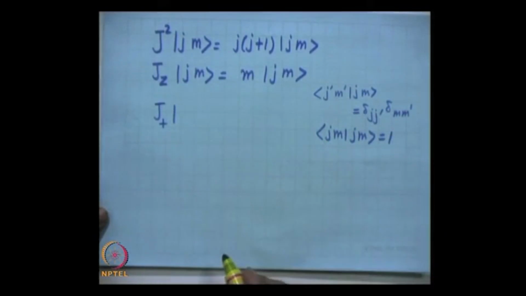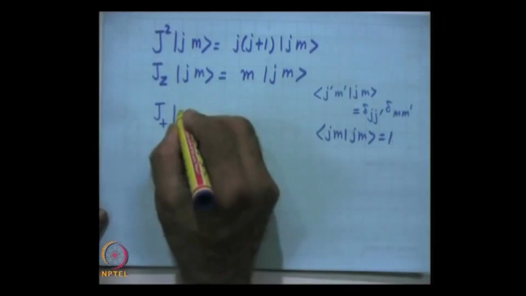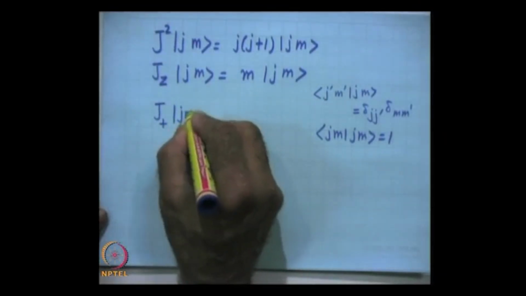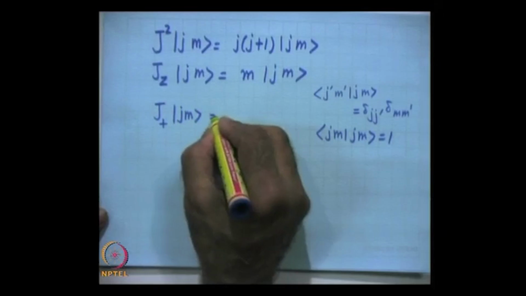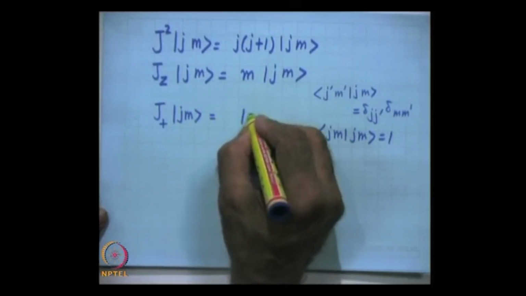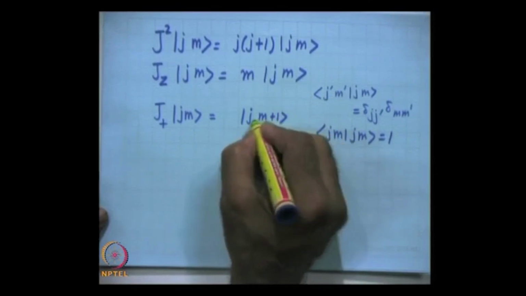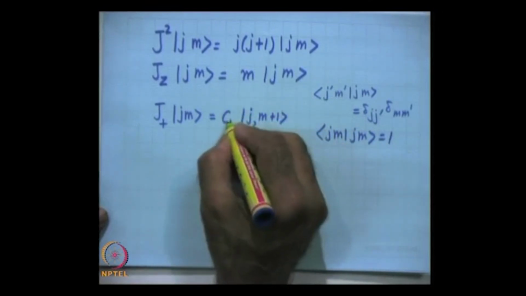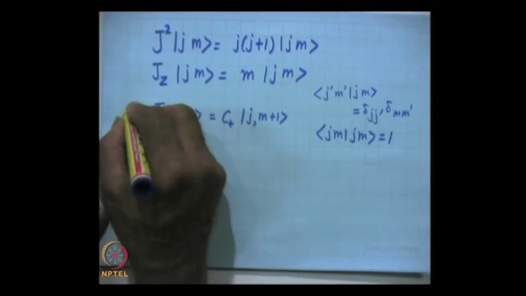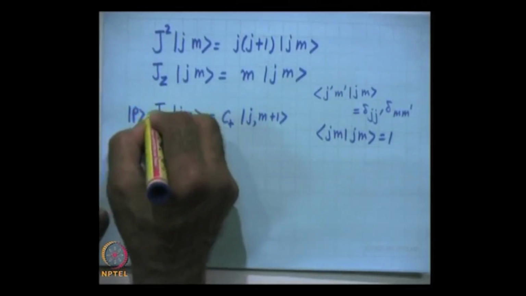We assume that because they belong to Hermitian operators. So, J plus ket jm is therefore a multiple of this ket j, m plus 1. So, let this be C plus, therefore, let this be ket p.